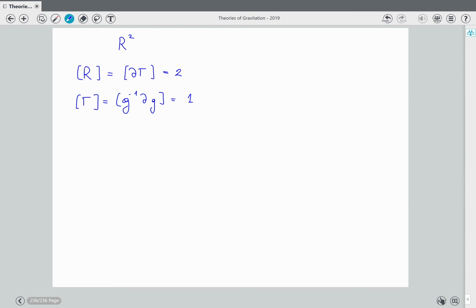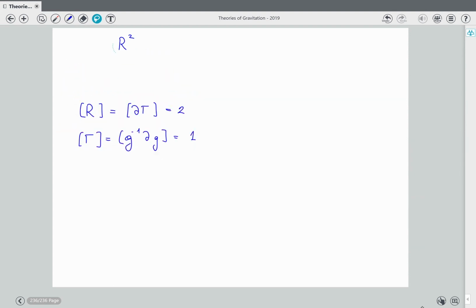So R squared has dimension 4 by itself. This is a candidate counterterm. I don't need anything particular to build this counterterm. So this has dimension 4.